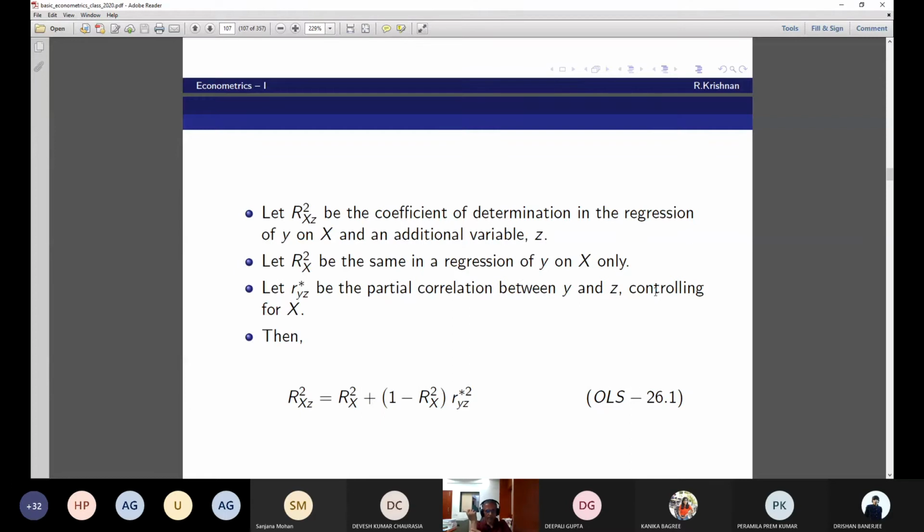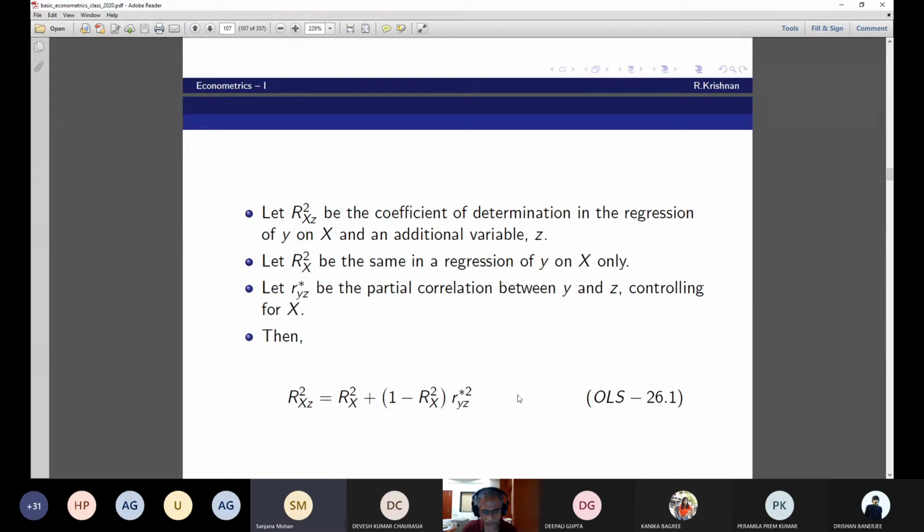Then this will be the thing. What can you say about the R square of the larger regression?